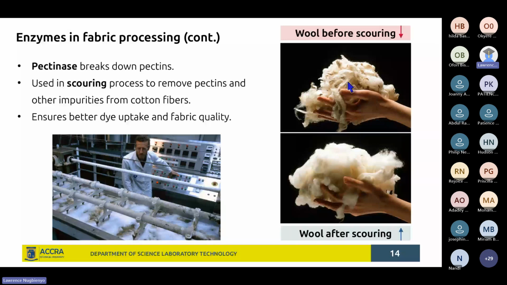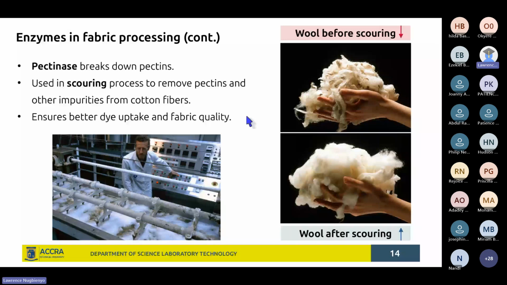If they are not removed, it does not help with the uptake of dyes by the fabric when the fabric is being produced. If you introduce dyes, because of these impurities, the fabric is not able to take up the dyes very well. And so one of the processes in the textile industry for the production of high quality fabric is scouring, in which you have the use of pectinase for the removal of these pectins.